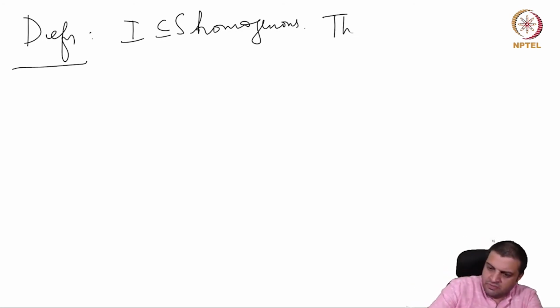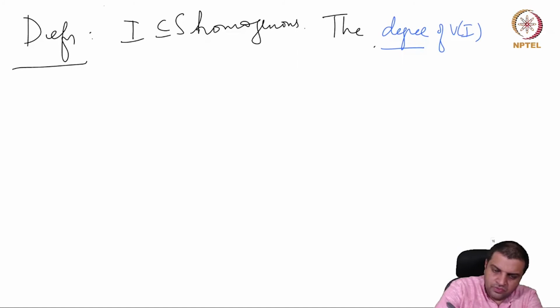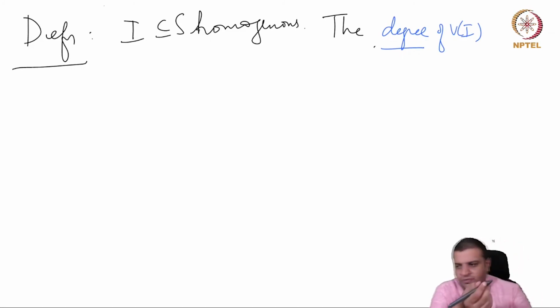Then the degree of V(I). So this is thought of as a closed subscheme, which is the correct word, but since we haven't defined those things, I won't use it.